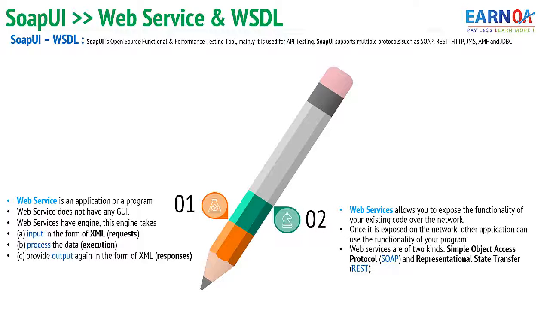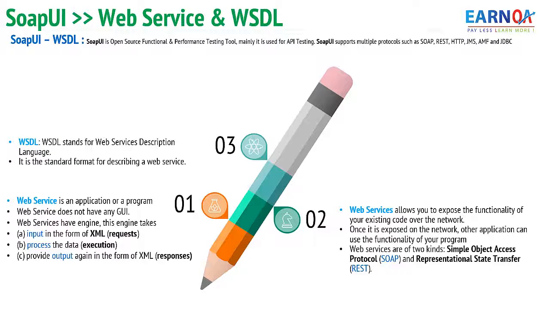To explain more, web services are methods which can be exposed, shared, and worked with over the internet. There are two kinds of popular web services: the SOAP protocol based services and the REST based services. To handle SOAP based services, we have a documentation file called WSDL. WSDL stands for Web Service Description Language, which is the standard format for describing any SOAP web service.